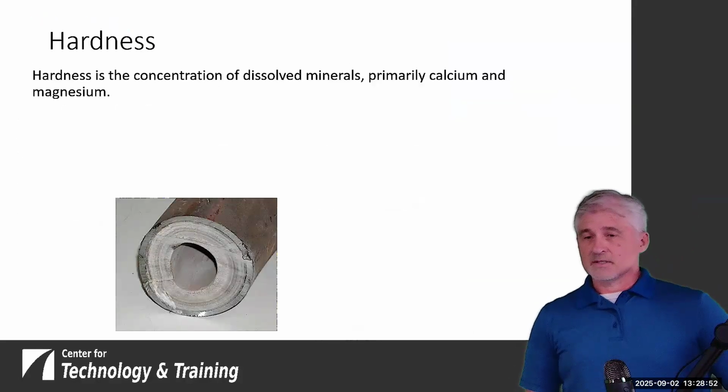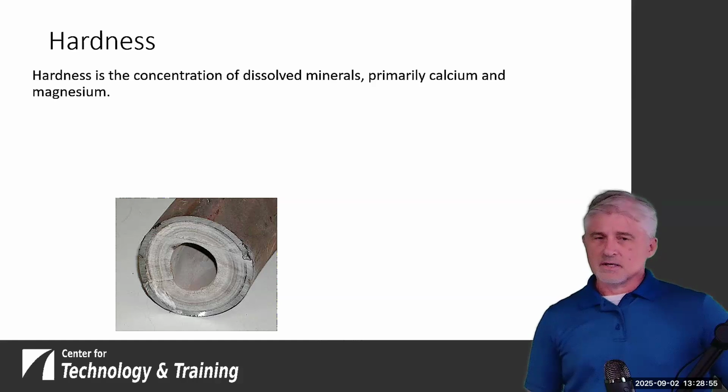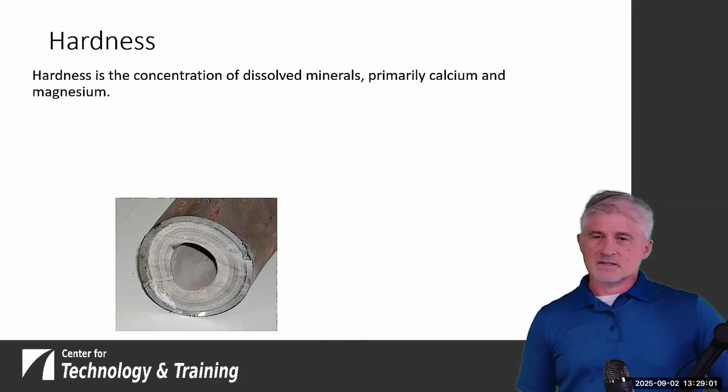Hardness is another thing that comes out, and hardness is typically more of a concern with groundwater sources because it involves all those dissolved minerals that come in through the water.